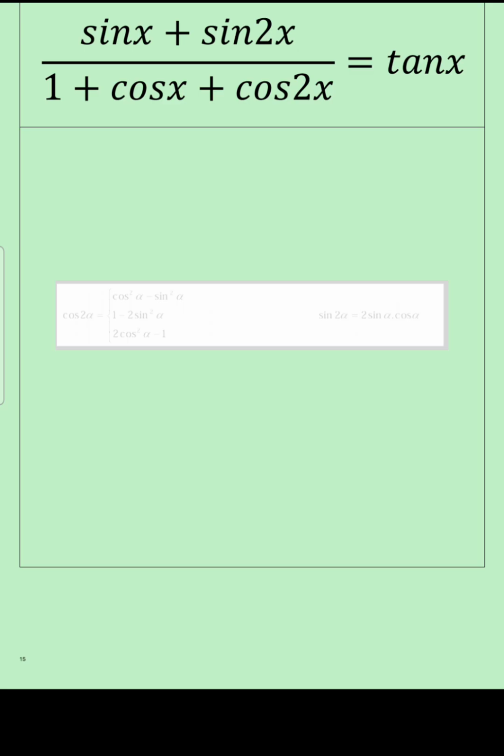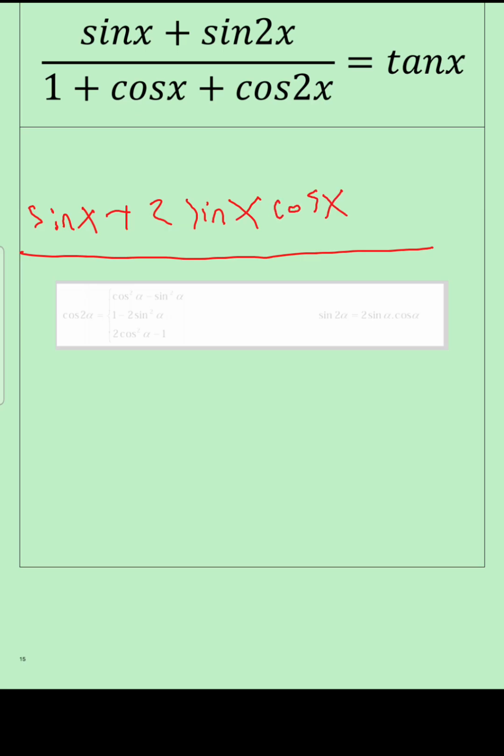Right, this is sin x plus 2 sin x cos x. Right, we start from the left hand side, all over 1 plus cos x.